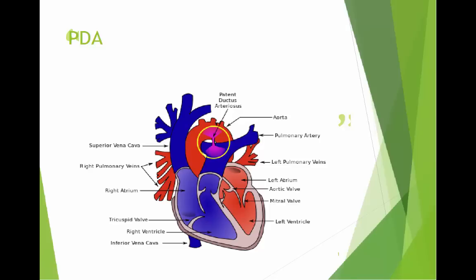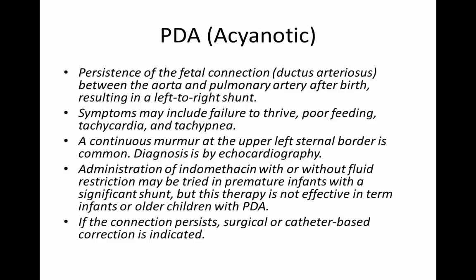Okay, so these symptoms would be, first, a continuous machinery-type murmur and bounding peripheral pulses if a large ductus is present. The presentation and course depend on the size of the ductus and the pulmonary vascular resistance.